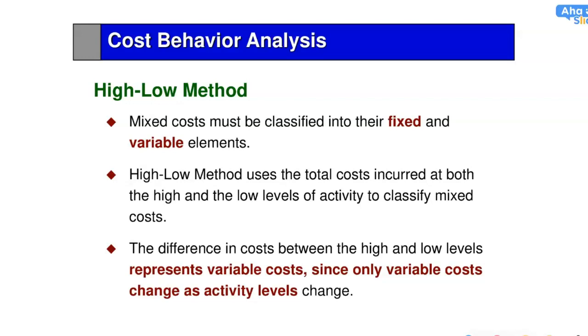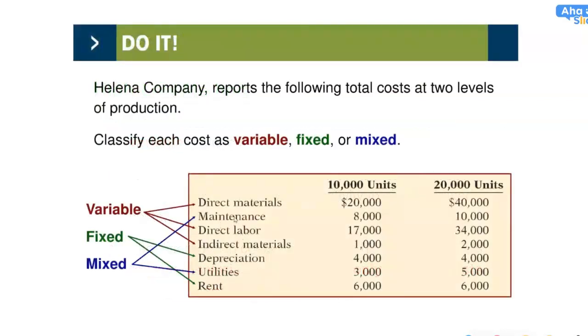That is, we look at the total cost. If I wanted to go back, I look at maintenance at one level of activity and maintenance at another level of activity. The difference between these two costs is the variable portion, because the variable portion is the only portion that changes, the fixed does not.